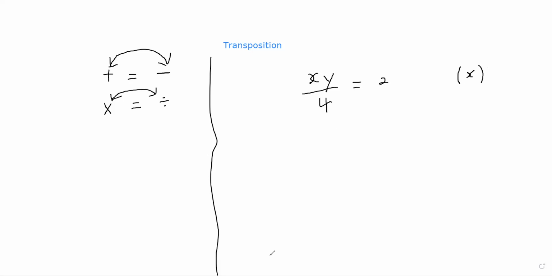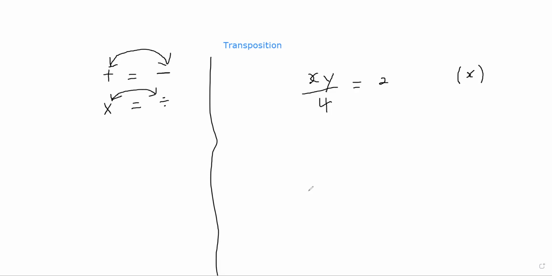What do I need to do? So when I say making x the subject, I want x to be by itself, right? Right now, x is with y and x is with 4, right?